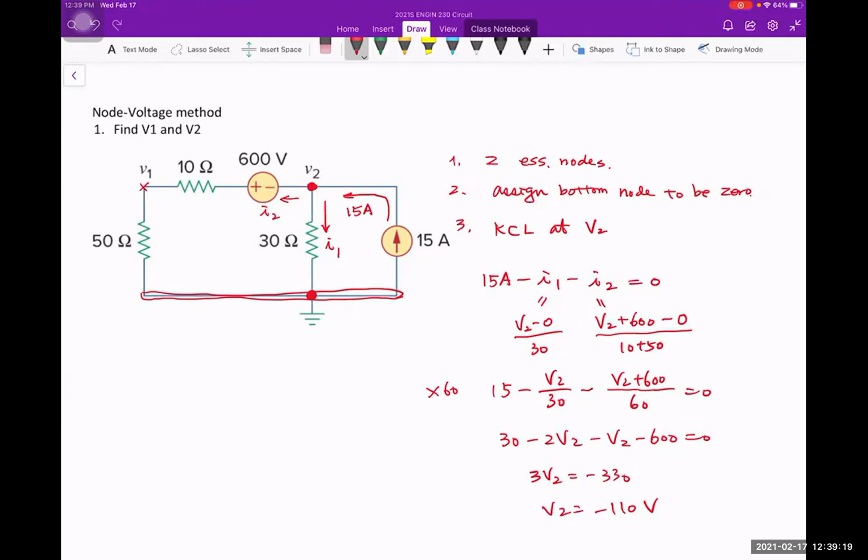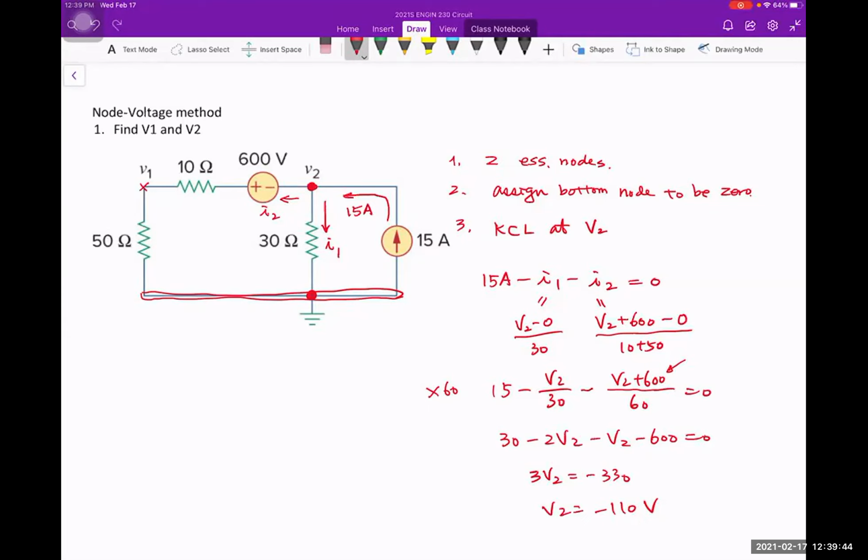Yes. What do you mean by minus 10? I don't get it. When you take out V2 plus 600 divided by 60... Okay, hold on. You mean this one here? Yes.